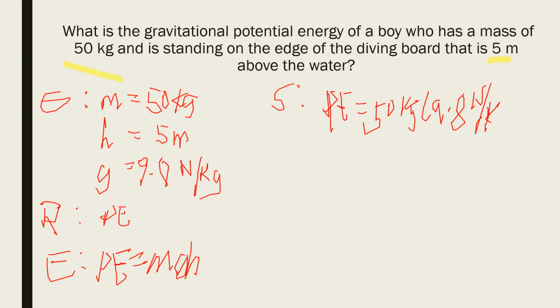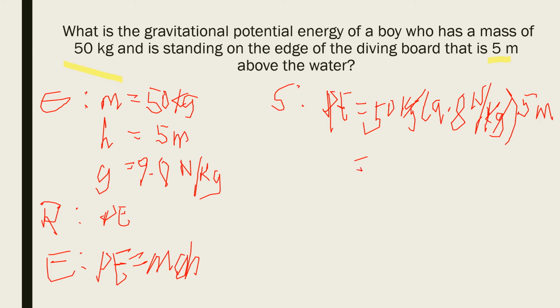That's the standard value for acceleration due to gravity, and you need to multiply it by 5 meter. Now, you already noticed that there are 2 units of kilogram here, so you need to cancel. If there are units that are the same, you need to cancel them.